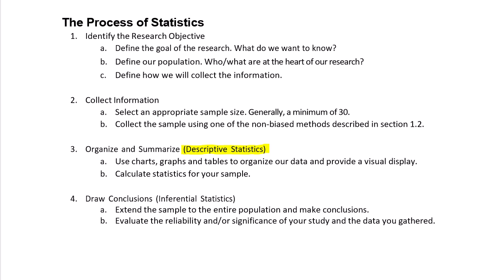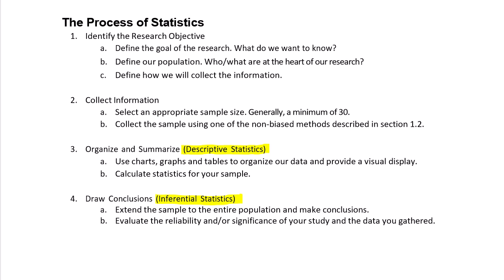The last thing we do is draw conclusions. This is called inferential statistics. We never prove anything about the population. We cannot guarantee the percentage or the number of people who will vote one way or another unless we asked every single person. Inferential statistics means that we infer, or that the data suggests.